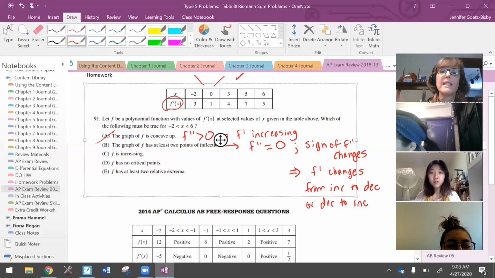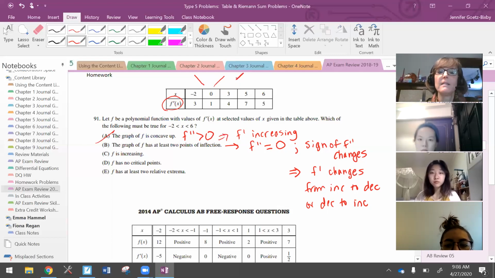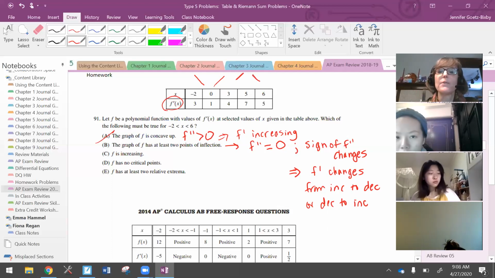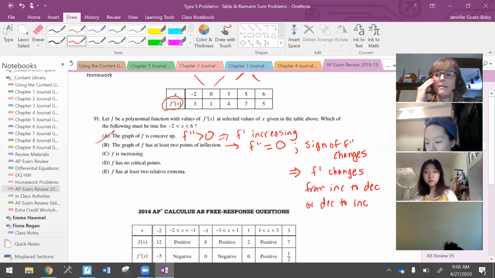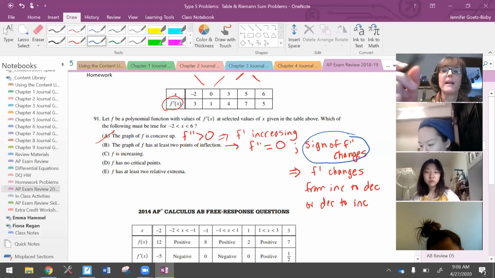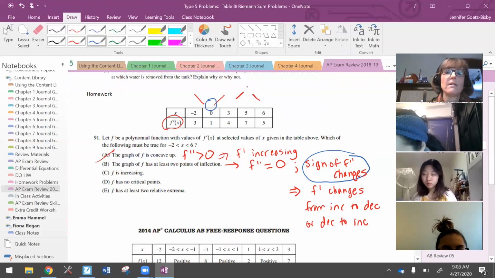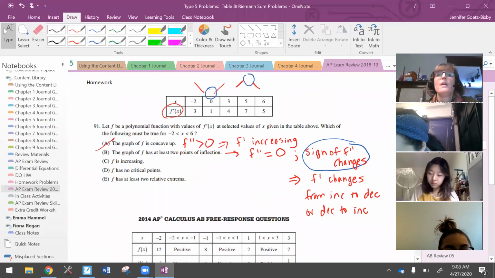It keeps increasing here from 4 to 7, but then it decreases again as we go from x equals 5 to x equals 6. So the sign of f double prime is changing here and here. Okay. So that gives me 2 points of inflection. So far, B looks pretty good.